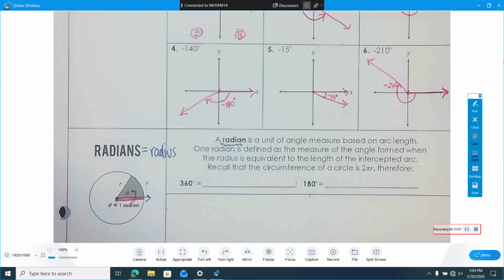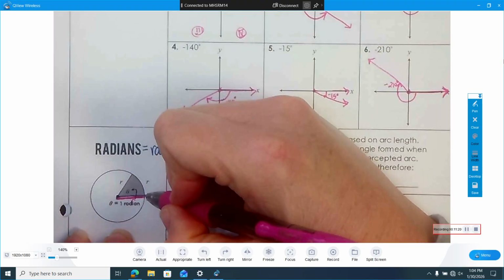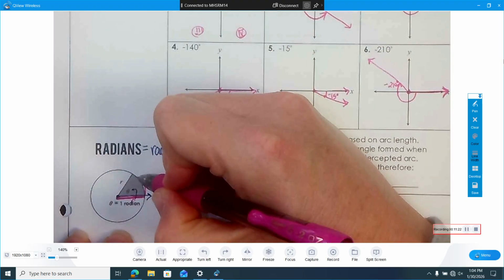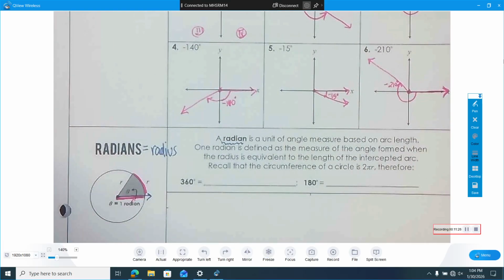The length from the center of the circle to my edge of my circle is one radius. What I'm going to do is I'm going to take that radius, cut it out, and I'm going to use it to wrap around my circle. Okay? So that radius I'm cutting out right here, and then I'm going to lay it on the edge of my circle, and that now has been transformed into a radian. Okay? It is the measure of an angle that is swept out equal to the length of one radius.